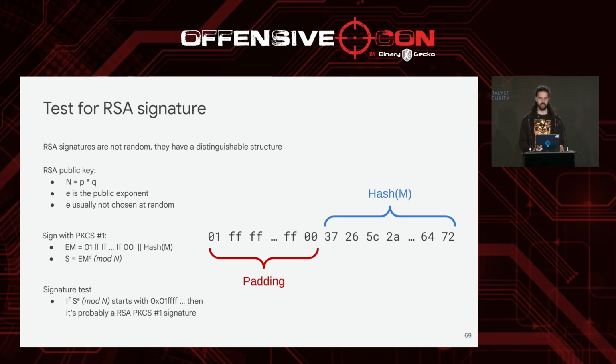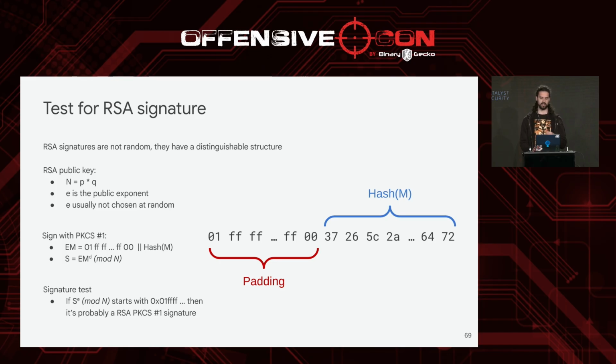In this standard, the hash of the signed data is prefixed with some padding that has a pretty specific structure. In this case, it's a 0x01, then a run of 0xFF bytes, and then a null byte. We can try to see if AMD is using RSA with this padding scheme by raising the signature to the power of E, which is the public exponent, taking it modulo the modulus, and seeing if the result has exactly this structure.